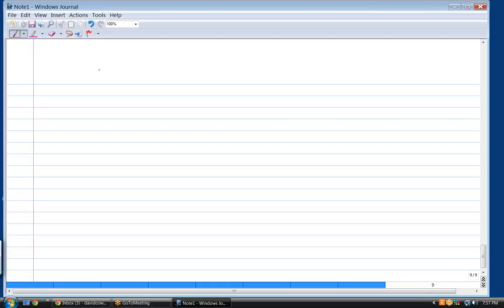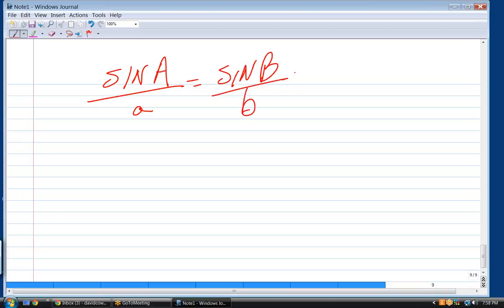What's the law of sines? Sine A over little a equals sine B over little b.